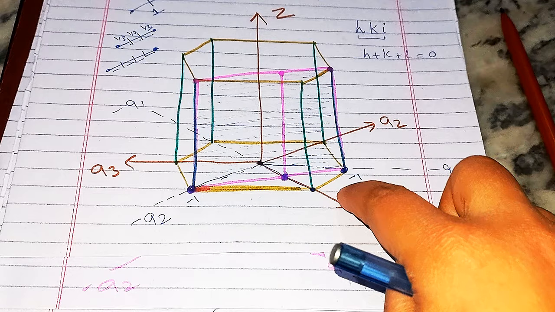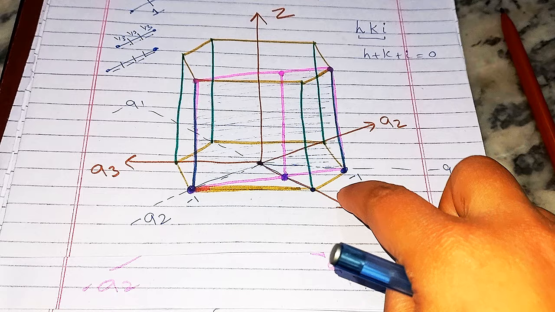So the intercepts A1, A2, and A3 will lie in the same line. Okay, this is the result of this relationship between H, K, and I. They are linearly dependent upon each other. Okay, that is why they lie on the same straight line, and that will always hold.